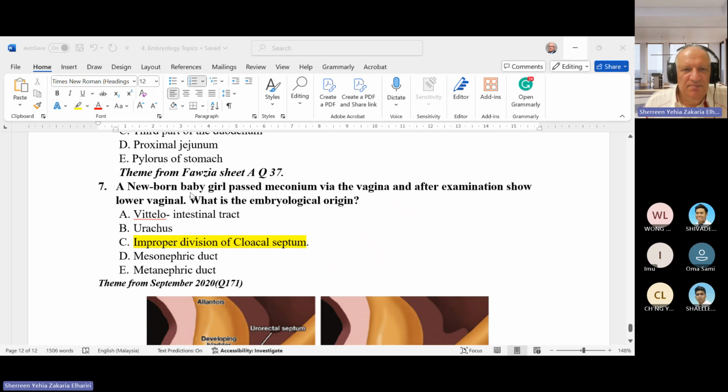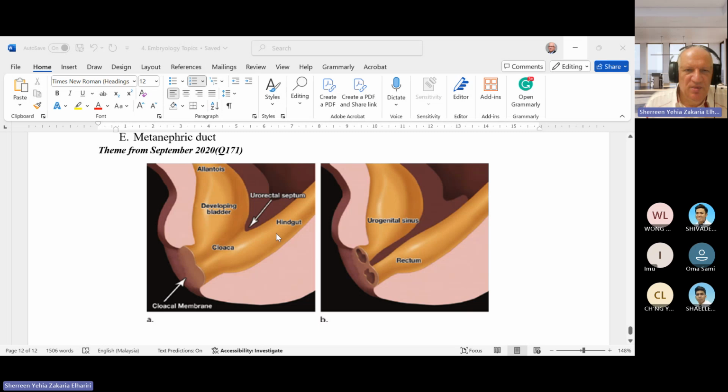A newborn baby girl passes meconium via the vagina, and after examination shows a lower vagina. What is the embryological origin? This is improper division of the cloaca septum. The cloaca septum separates the urinary bladder or uterine part from the anus.